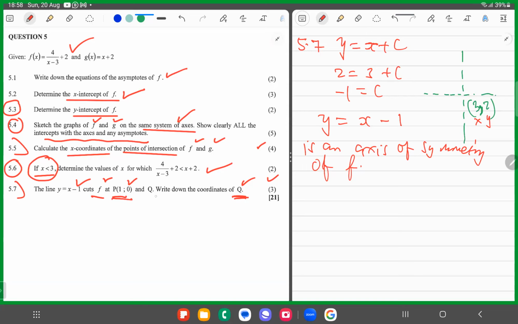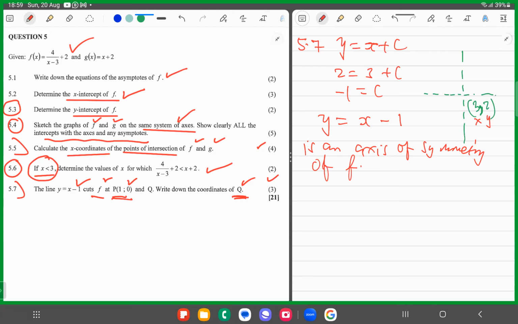Right, so it means you can imagine that the point Q can be obtained as a point that satisfies the notion of symmetry.